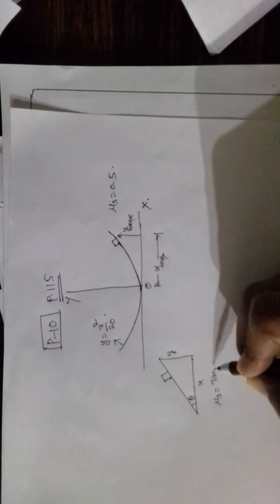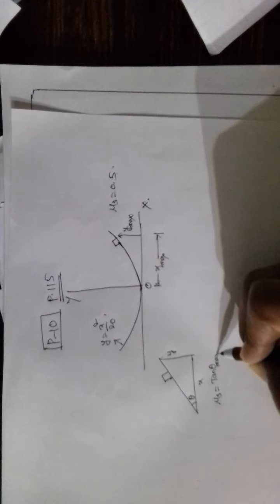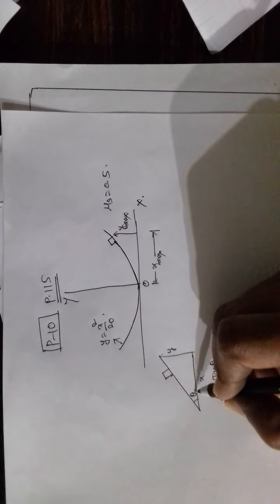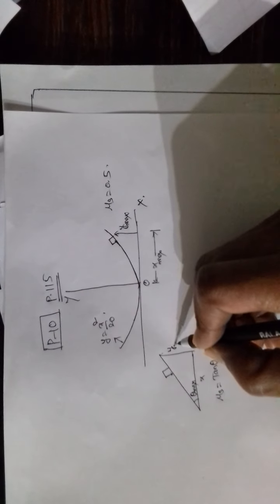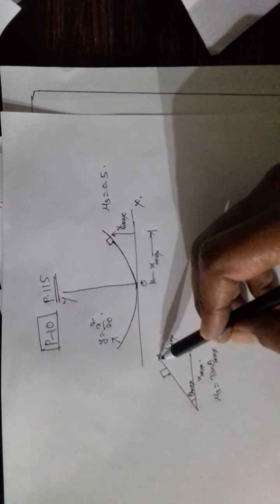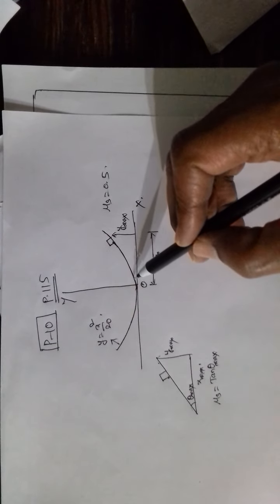The condition for the block to be ready to move down was given by mu s is equal to tan theta maximum. Here, so this is theta maximum. If this is theta maximum, y will be y maximum and x will be x maximum. But here the path is a straight line. But here the path is a curve.